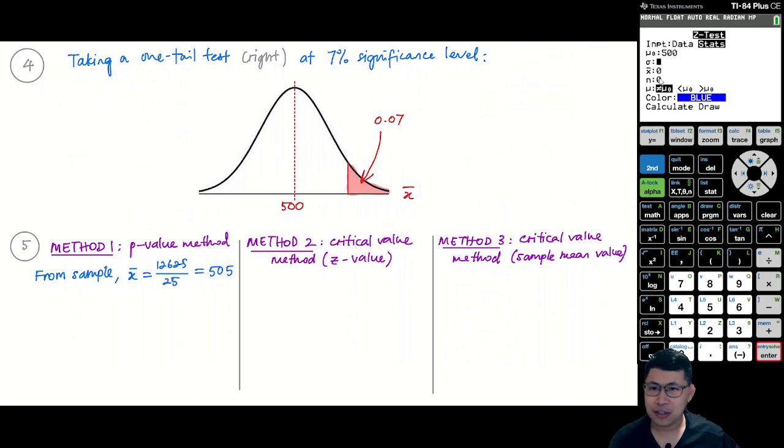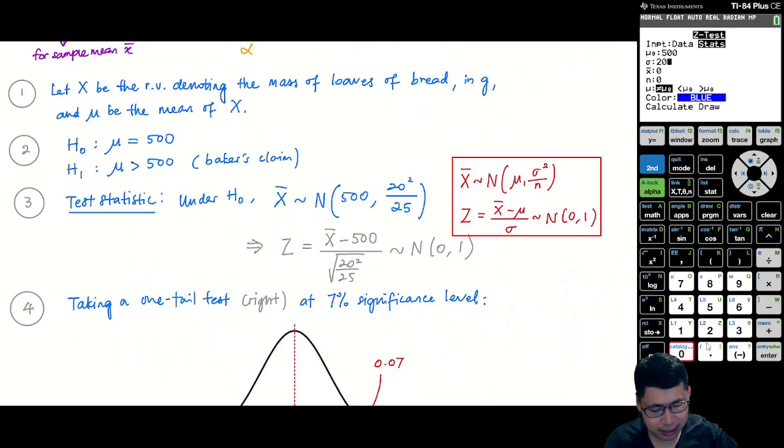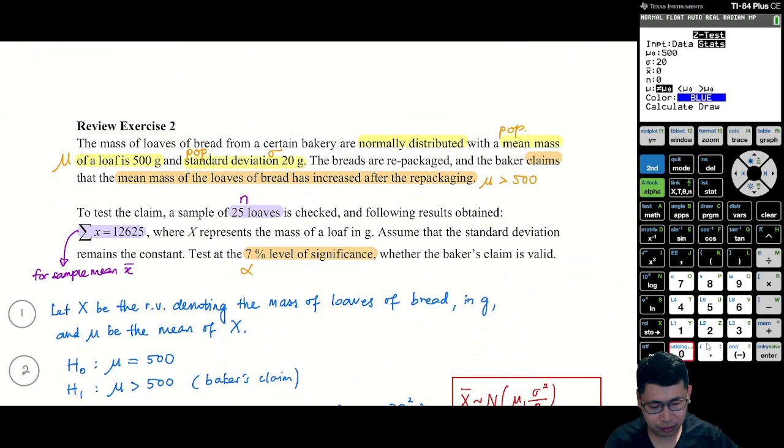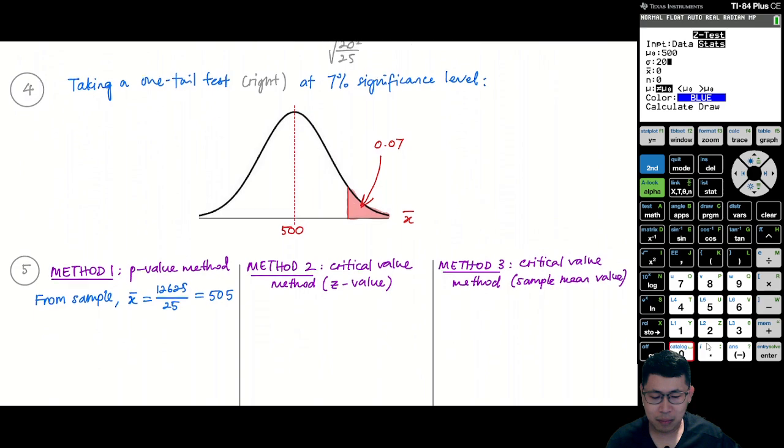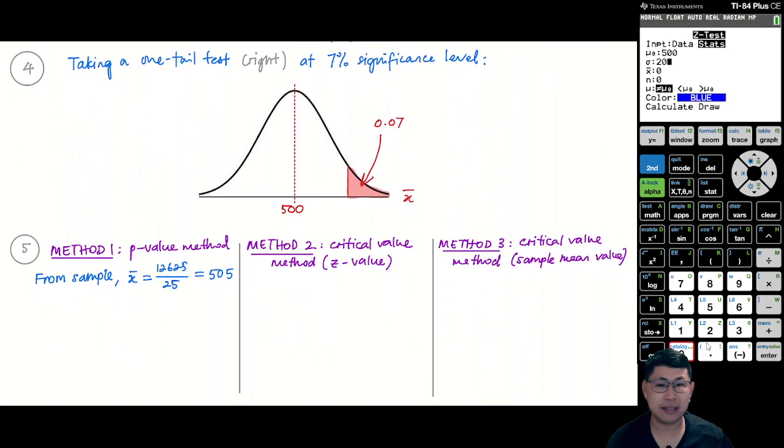Because of that, we need to key in the raw standard deviation, which is 20. Do not make the mistake of putting in the whole standard deviation. This sigma refers to the population standard deviation, so that they do the back-end calculation that includes this standard deviation. I will explain more later when we do this manually.